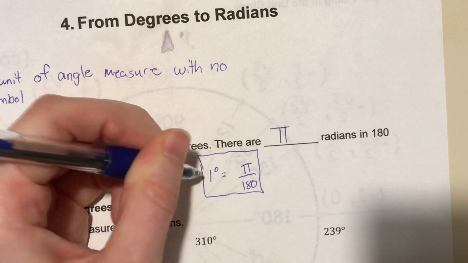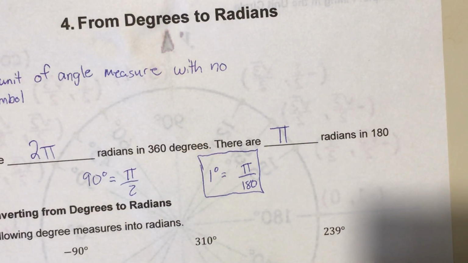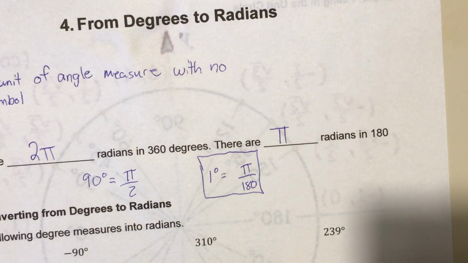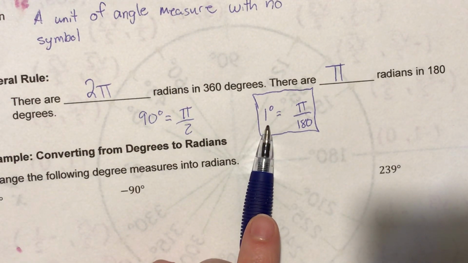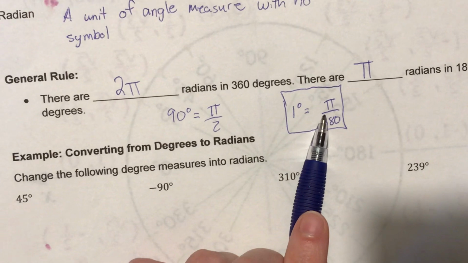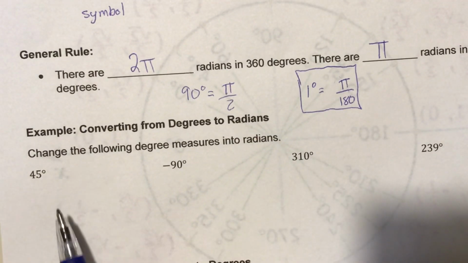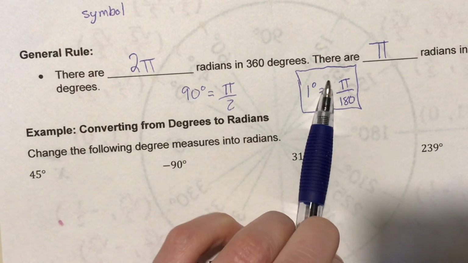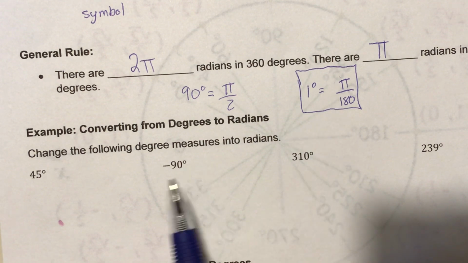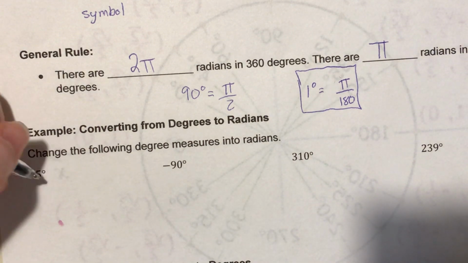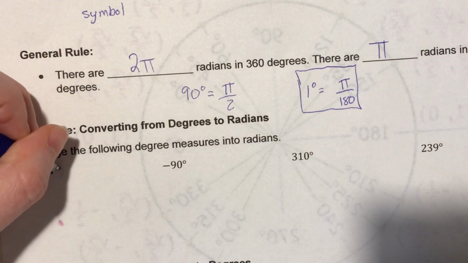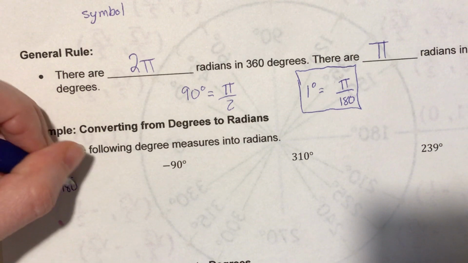We're going to need that measurement because we're going to be able to convert from degrees to radians using it. If we know that 1 degree is equal to pi over 180 radians, then 45 degrees is equal to pi over 180 radians multiplied by 45. So in each of these problems, we're going to take our degree measure and multiply it by pi over 180.